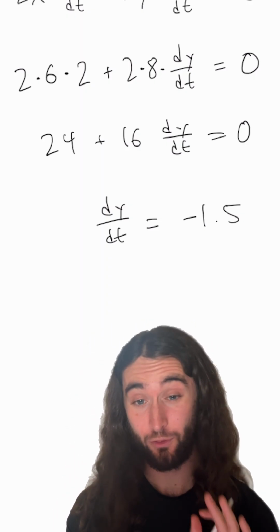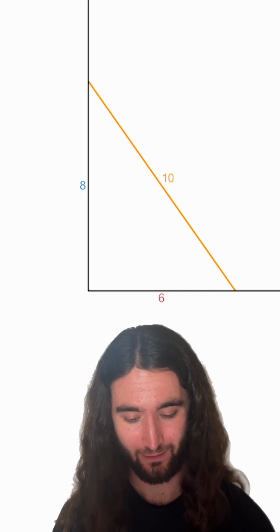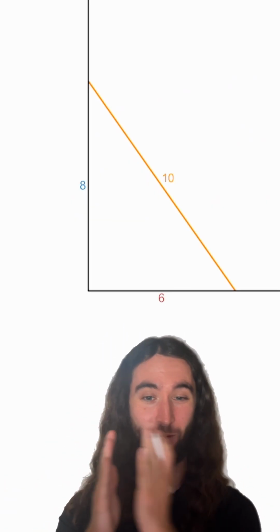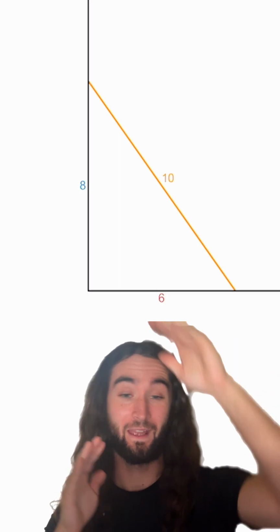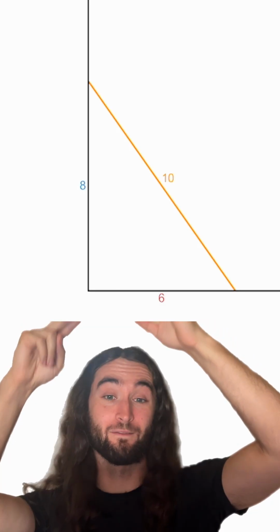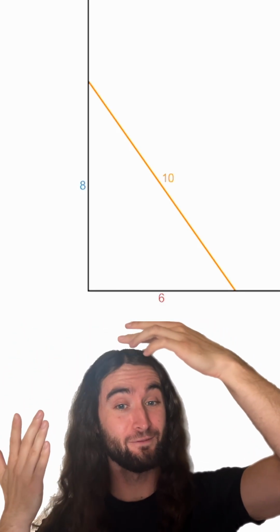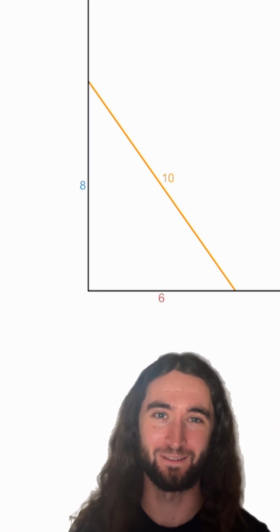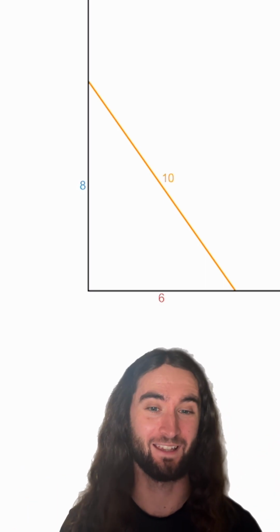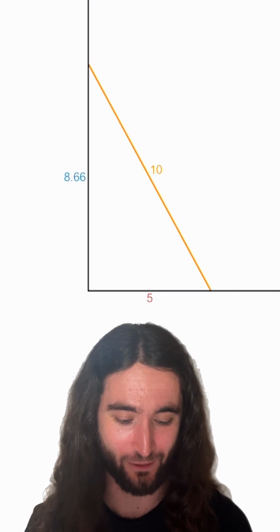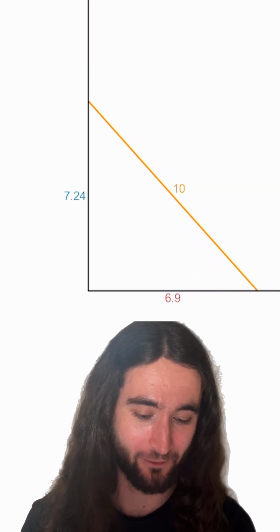So at the moment when the ladder is 6 feet away from the wall horizontally, and it's increasing that distance at 2 feet per second, the vertical distance is currently at 8 feet, and it's decreasing at a rate of 1.5 feet per second. So not as fast as it's going sideways. It's going sideways faster than it's coming down.